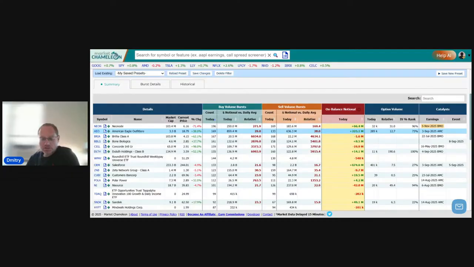What this screener does in particular is it looks at the trading volume in these particular stocks. When it detects a large, unusual volume trade, a big volume burst trade, it isolates that trade and keeps track of it.